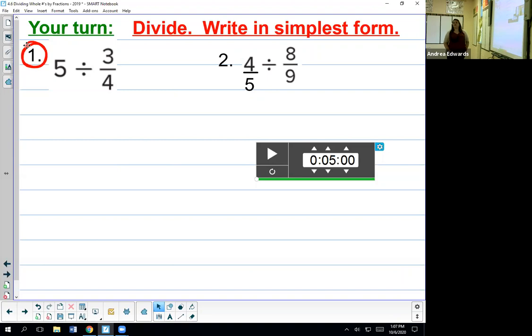So keep the first, multiply by the reciprocal. Do not try to do it all in your head. I'm more impressed when you do all your steps so I can see where your brain's going. It's great that you can do it in your head, but chances are you will make a mistake.